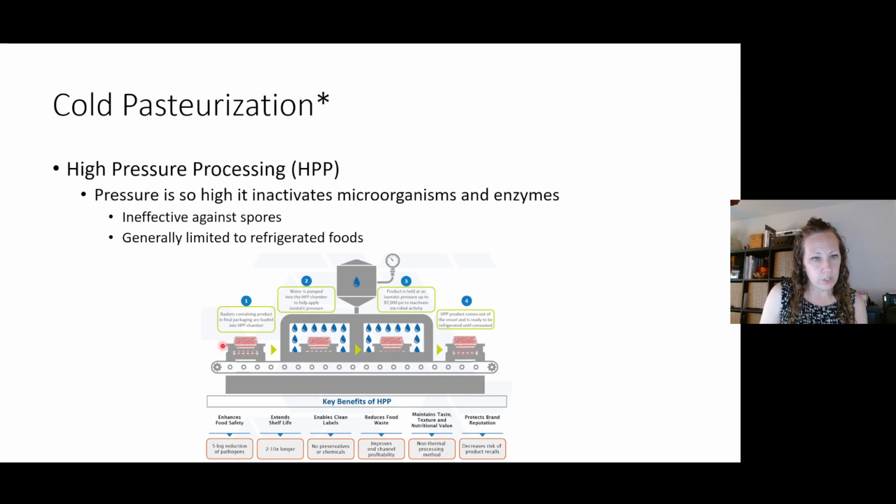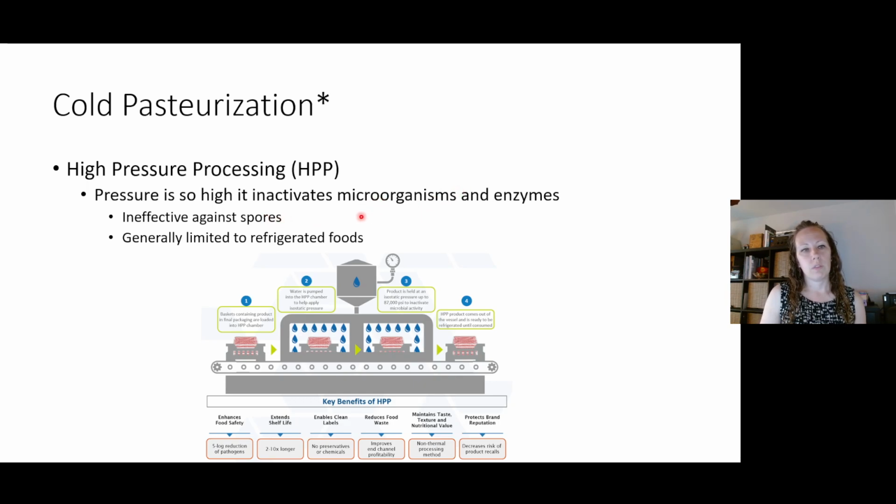So the food enters this tank, there's water pumped into it, and then it is held at this very high pressure. Here it says up to 87,000 psi, and that inactivates the microorganisms. Now, the one detriment to this is that it is ineffective against spores.